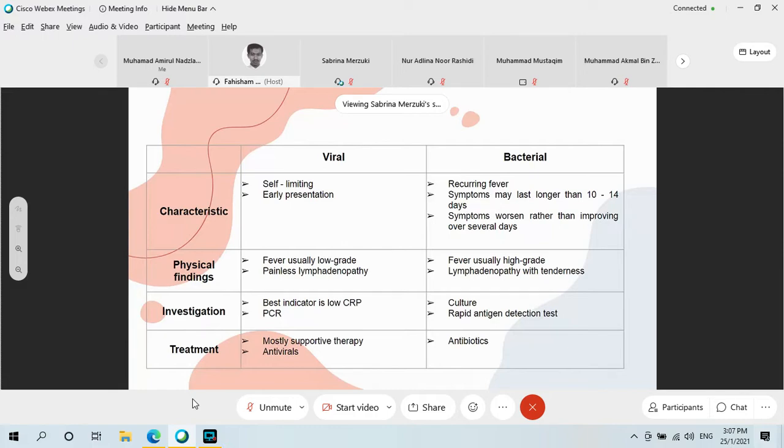Bacteria in the vaccination schedule. Not varicella, bacteria. Bordetella pertussis. Okay.